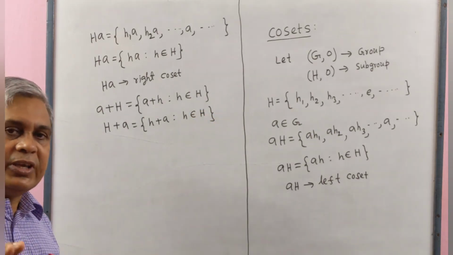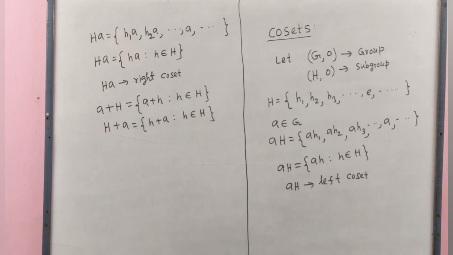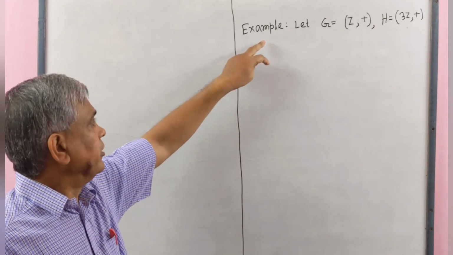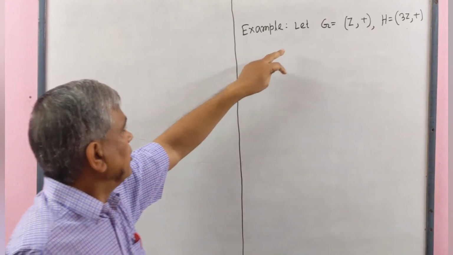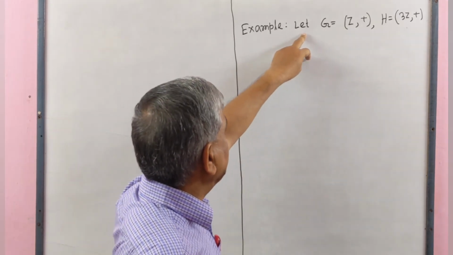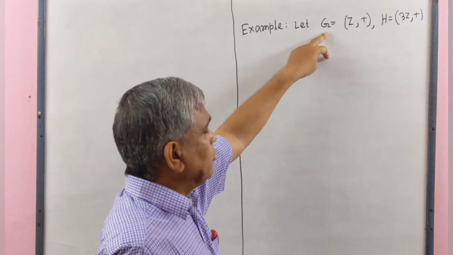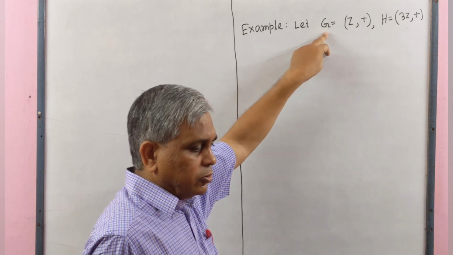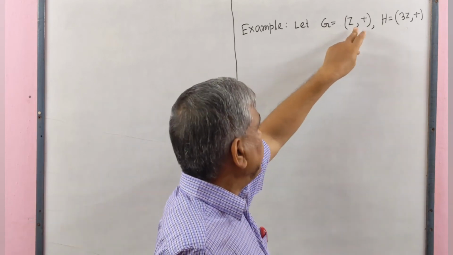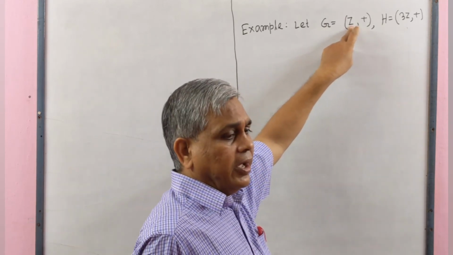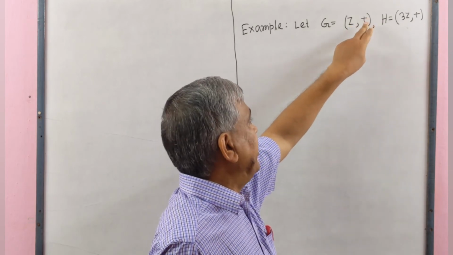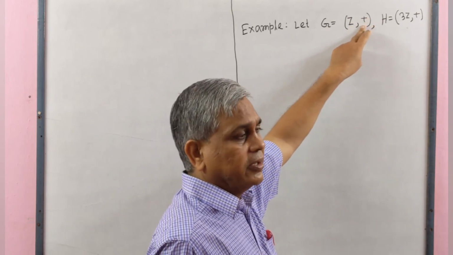Now we give some examples. Let G be a group which is the set of integers and the binary operation is addition.